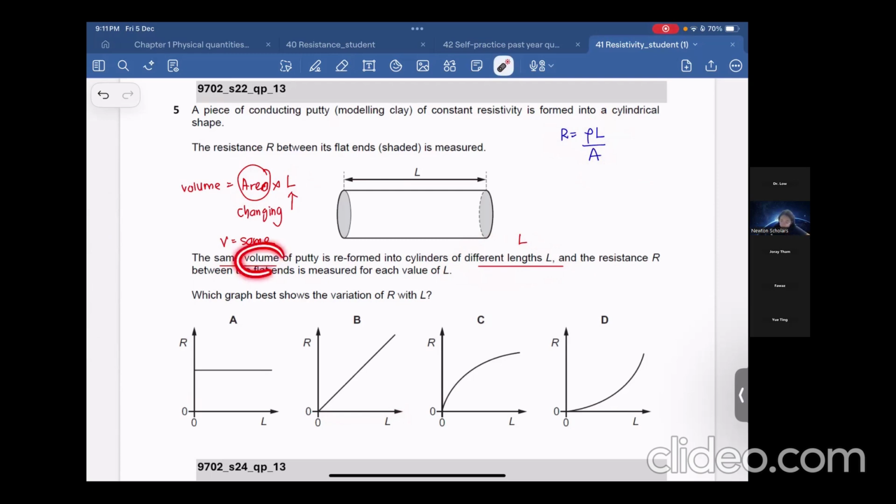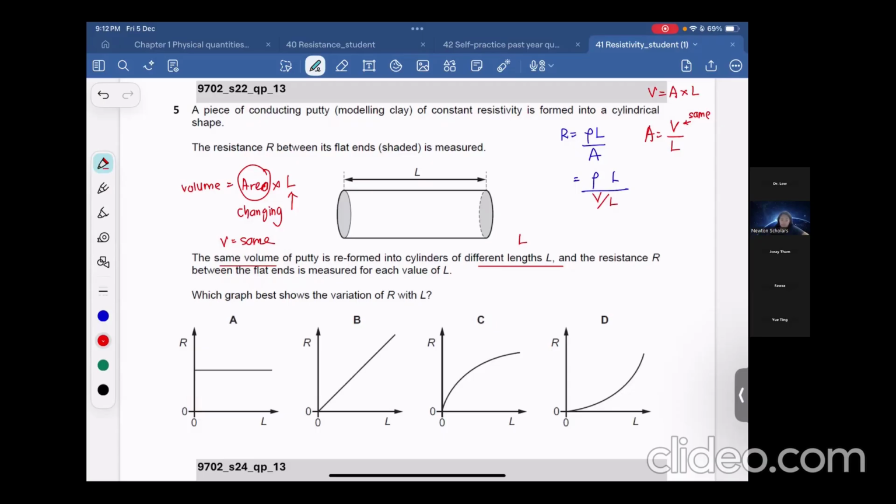Volume is constant. So here, what is the area? Area is actually the volume divided by the length. Am I right? Volume is area times the length, so area is volume over length. So here, R is resistivity times length over the area, and I am trying to make the volume the same, so volume divided by length.